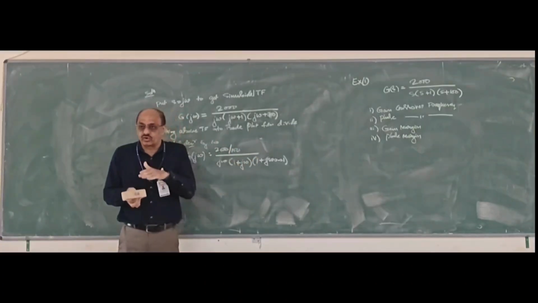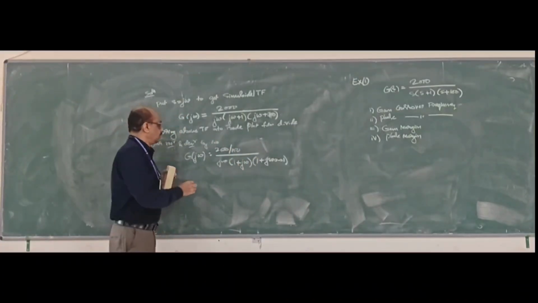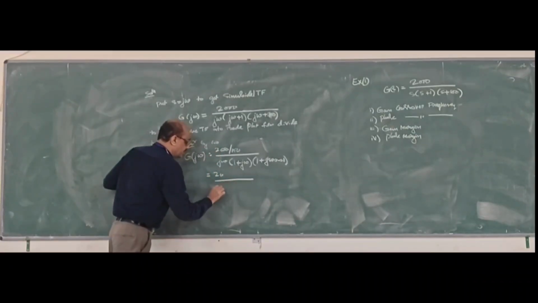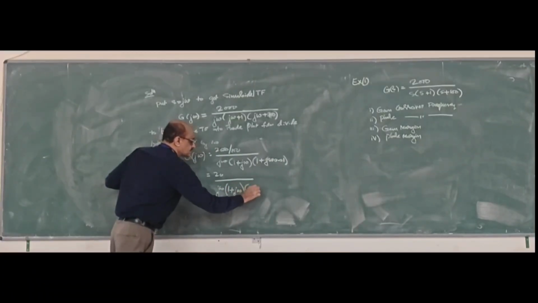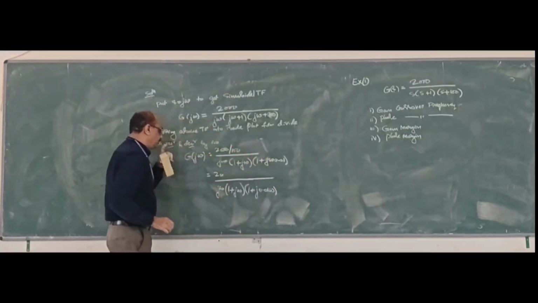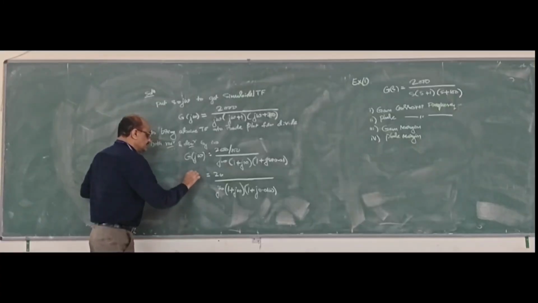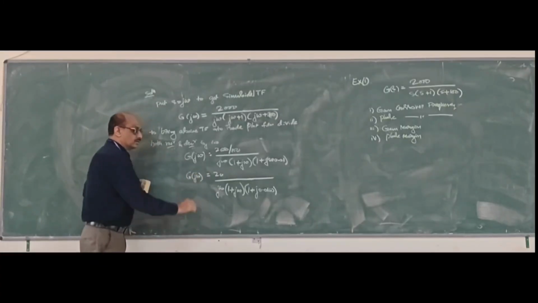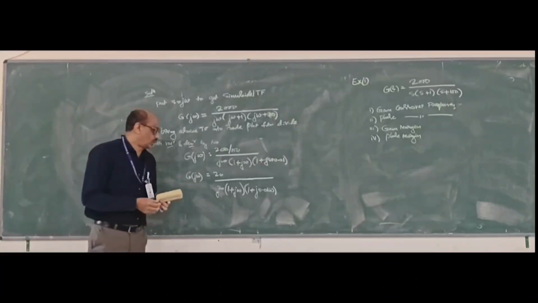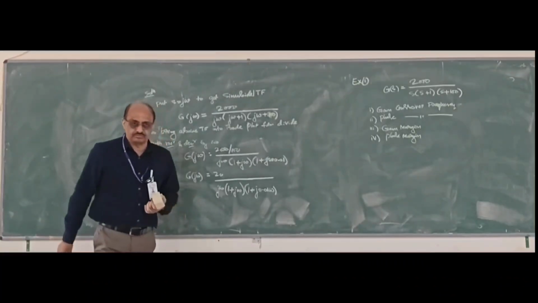Then only it is called Bode plot form. So it is 20 divided by j omega, 1 plus j omega, 1 plus j 0.01 omega. This is exactly the required Bode plot form.